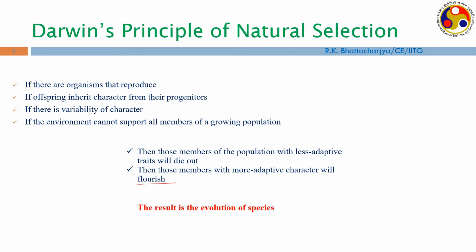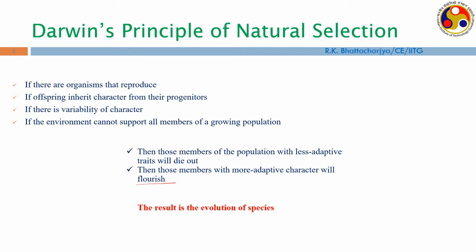So what we have seen here: if there are organisms that reproduce, if offspring inherit characteristics from their progenitor, from their parents, if there is a variability of character, that means the character is not the same, as I said some people can survive with less oxygen and some cannot, so it's a variable characteristic, and if the environment cannot support all the members of the growing population, this is the struggle for existence.